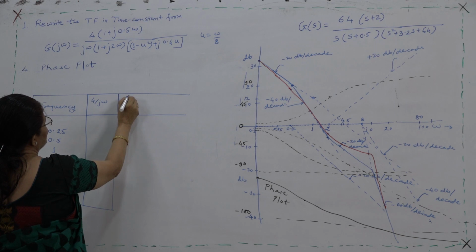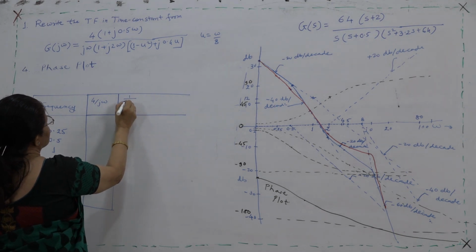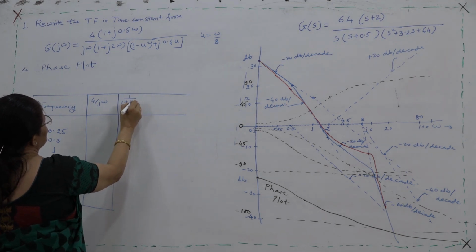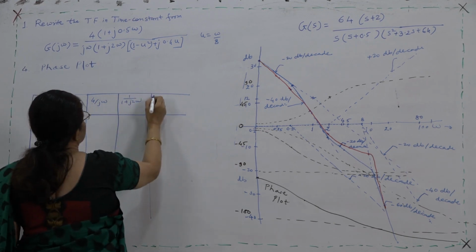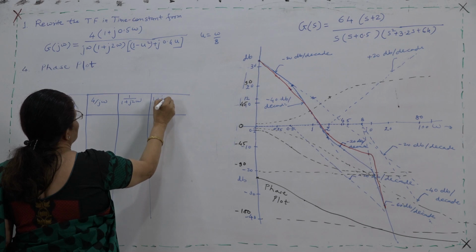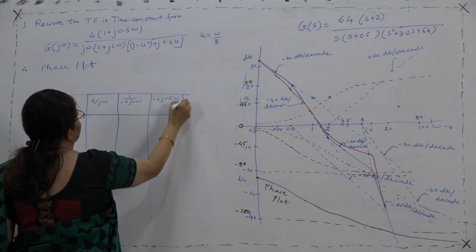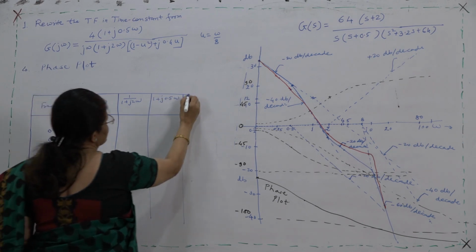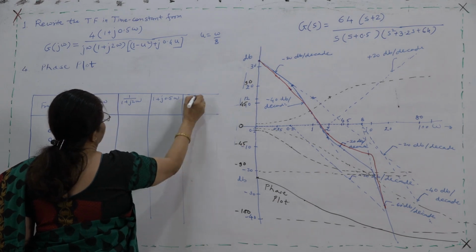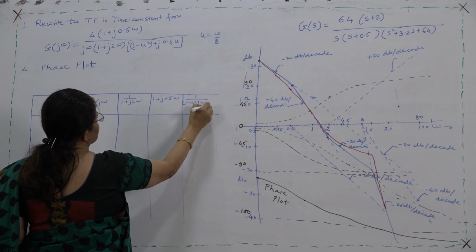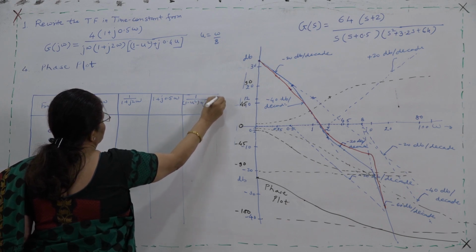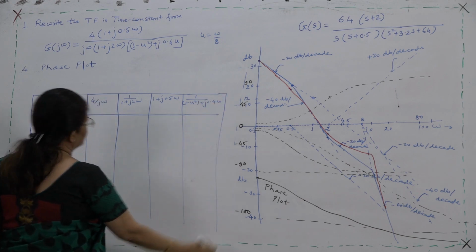Second term is 1 upon 1 plus j 2 omega. Third term is 1 plus j 0.5 omega, and the last term is 1 upon 1 minus u square plus j 0.4 u. So, these 4 terms are there.